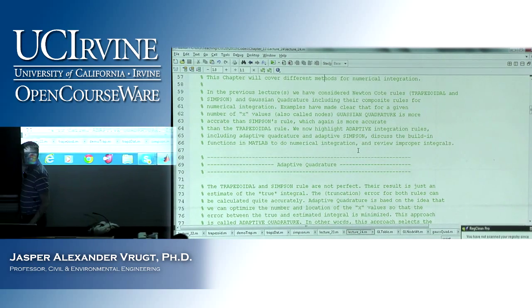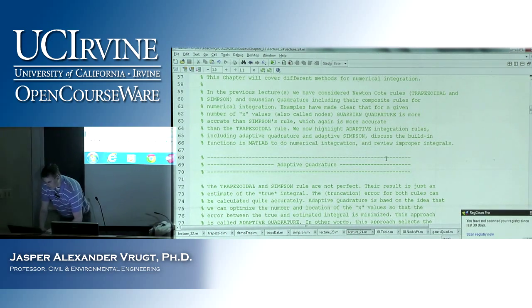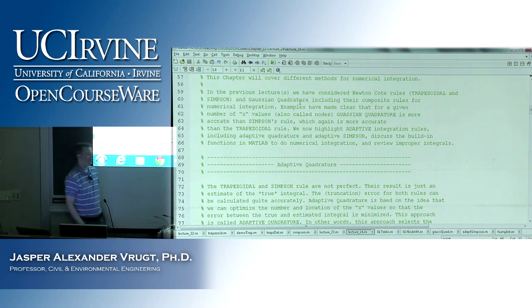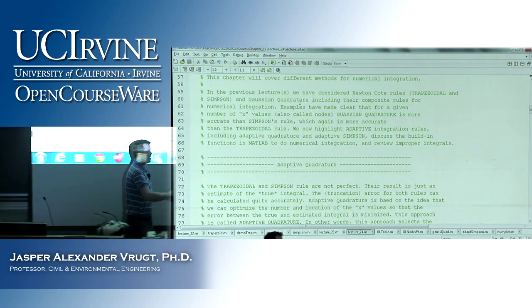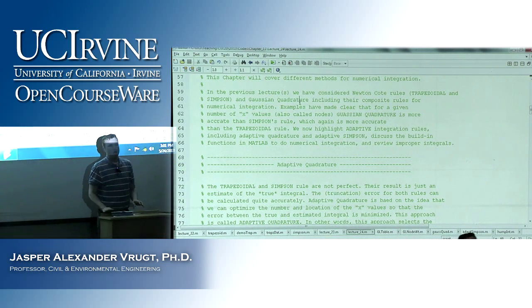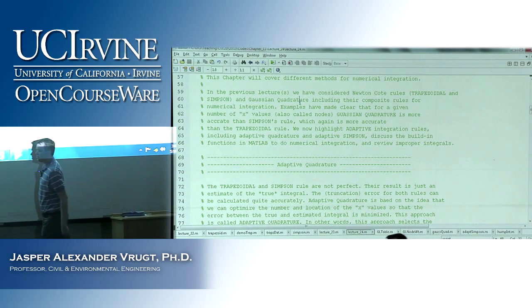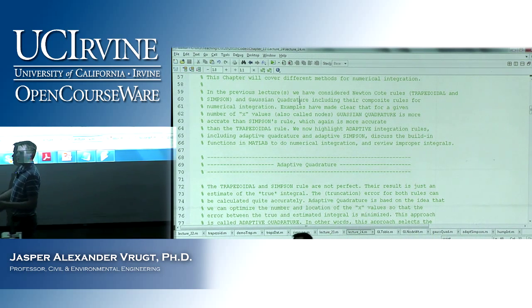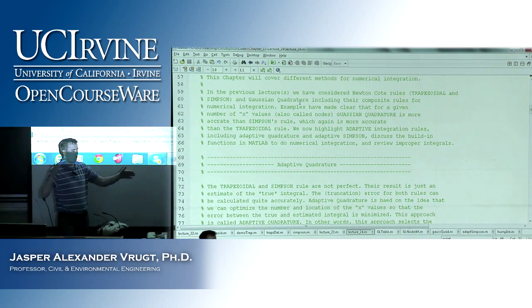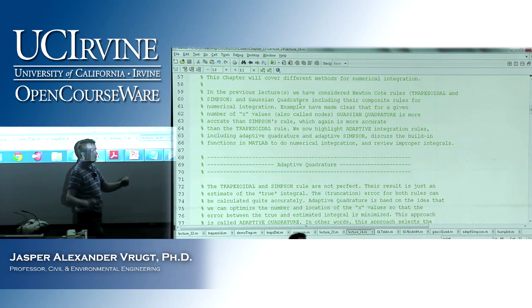So we have the Newton-Cotes rules, which are the trapezoidal rule and Simpson's rule, and for Simpson's rule you have different variants. Then we talked about their composite implementation. The traditional rule is that you integrate in one single step from the lower bound to the upper bound.